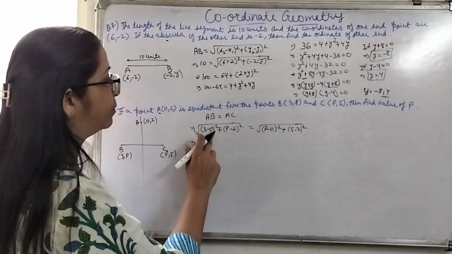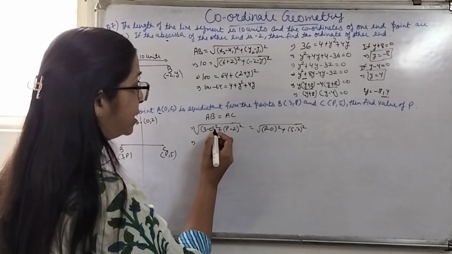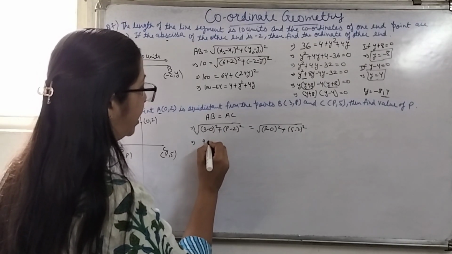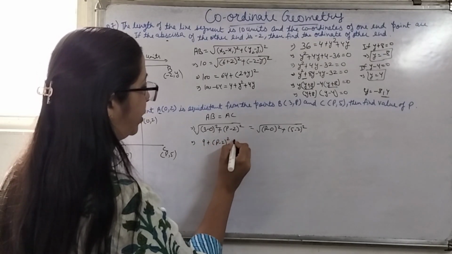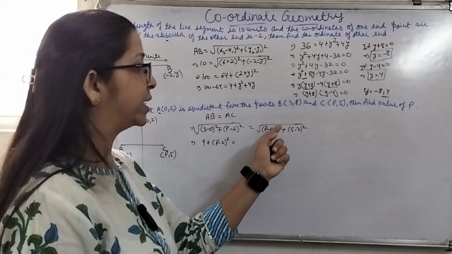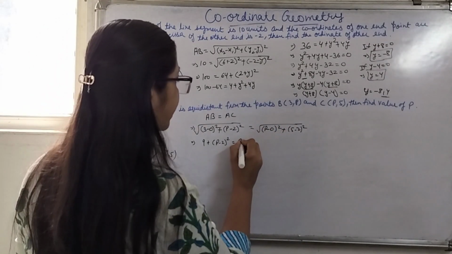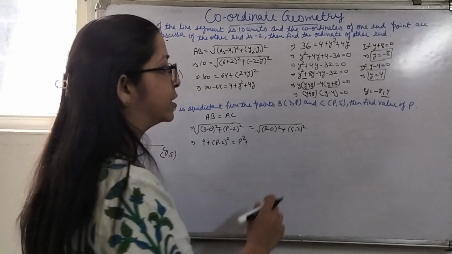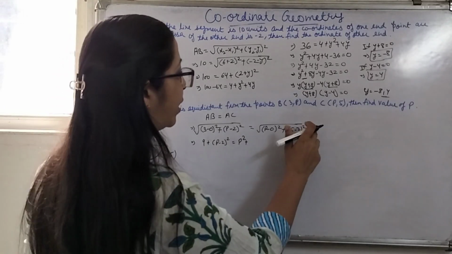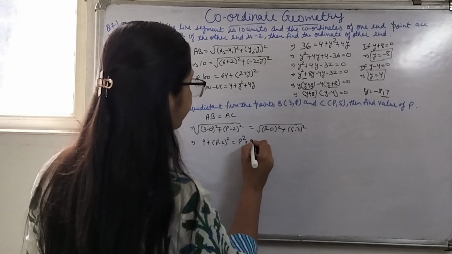So this will become 3 minus 0 square, that is 3 square, that is 9, plus (P minus 2) whole square, is equivalent to (P minus 0) whole square, that is simply P square, plus 5 minus 2, which is 3, and the square of 3 is 9.